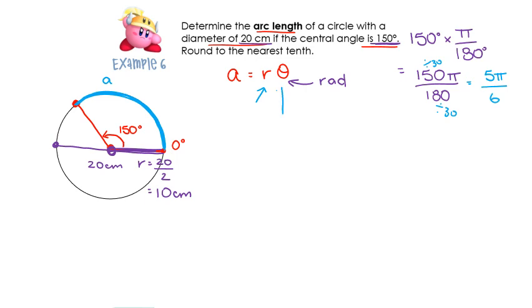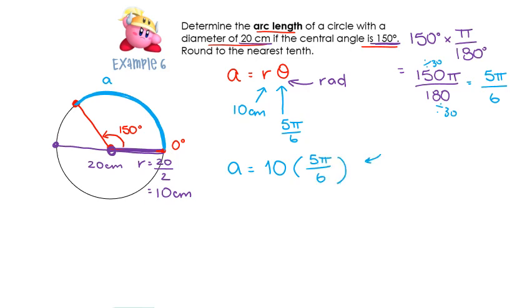So our angle theta is going to be 5 pi over 6, and our radius is equal to 10 centimeters. So the arc length is going to be equal to 10 centimeters times 5 pi over 6.